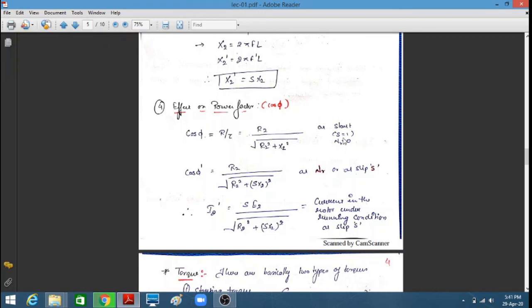Cos phi is the power factor when the rotor is stationary, and cos phi dash is the power factor when the rotor rotates. Again I2 dash will be s E2 upon the square root of R2 squared plus (s X2) squared. This is the current in the rotor under running condition at slip s. So instead of E2 we have s E2, and instead of X2 we have s X2.